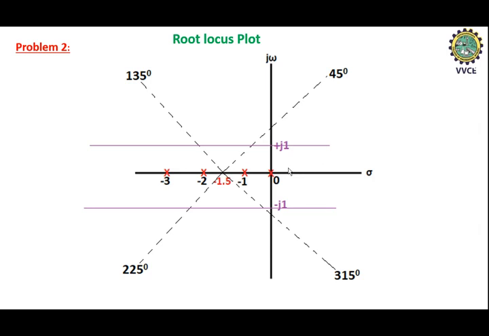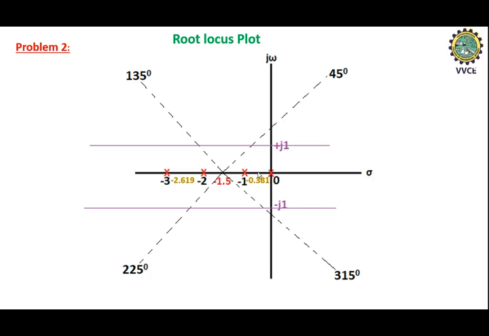Next, mark the breakaway points, that is minus 0.381, in between 0 and minus 1, and another one is minus 2.619, that is another breakaway point. So these two poles will move towards the middle, that is towards minus 0.381, the breakaway point. They stop here and diverge in two different directions.